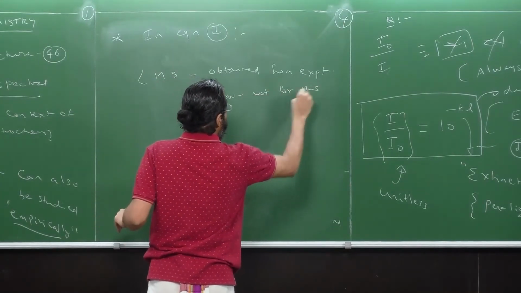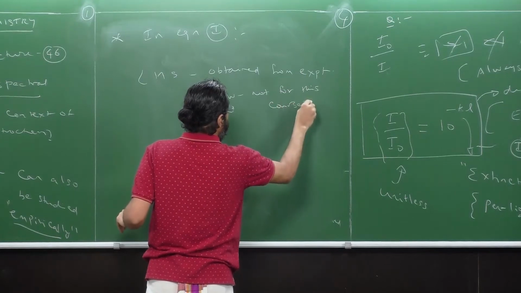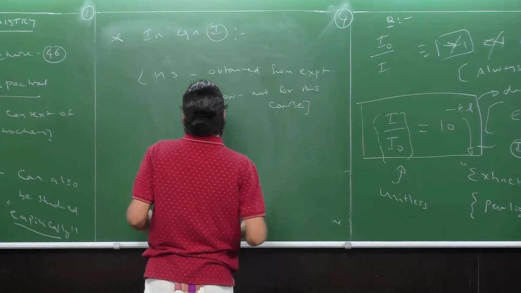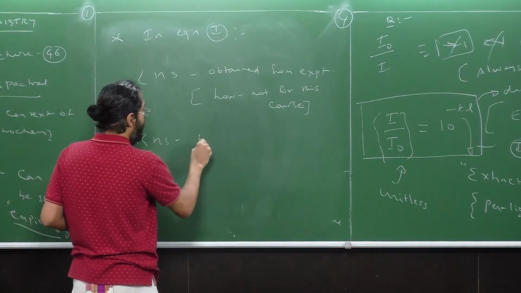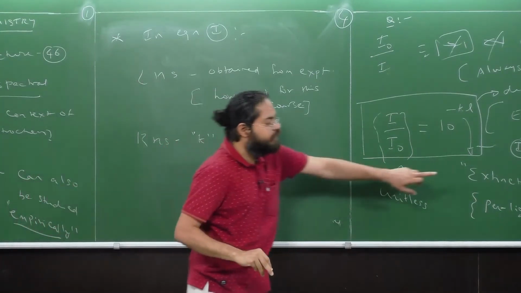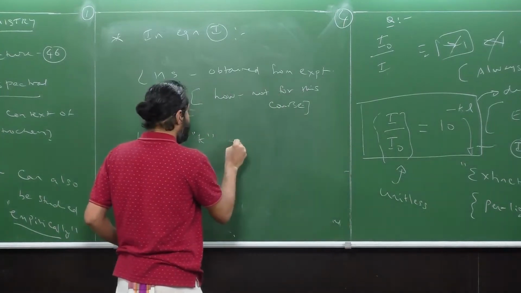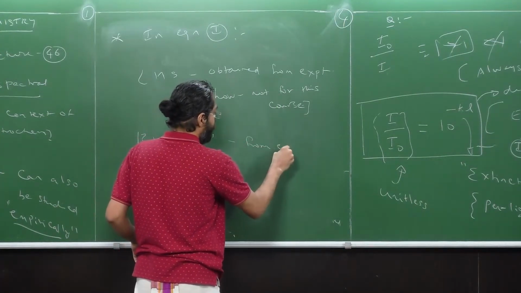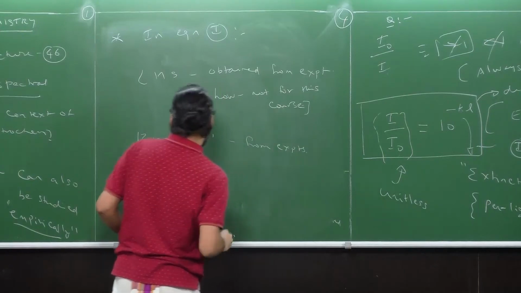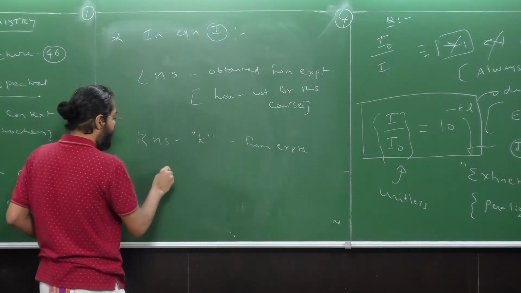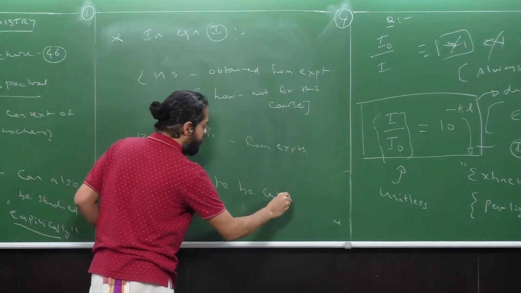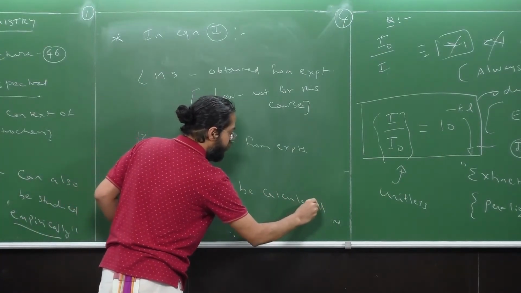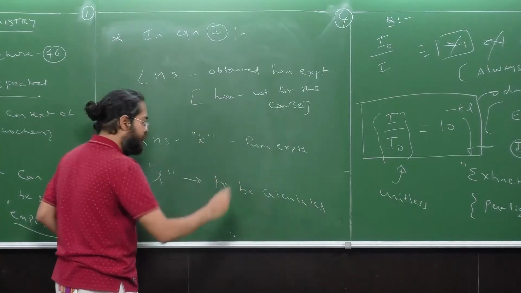Not for this course. And on the RHS, your K, or the extinction coefficient, can also be obtained from experiments. And the L is to be calculated based on equation I.